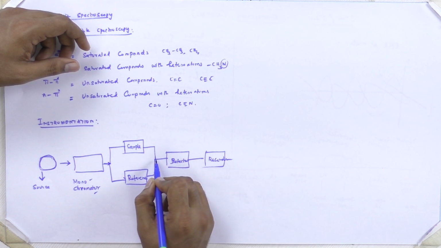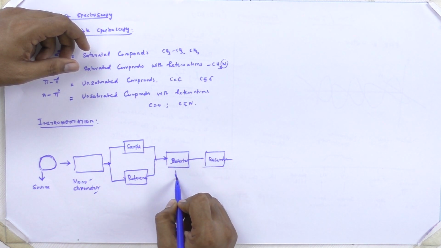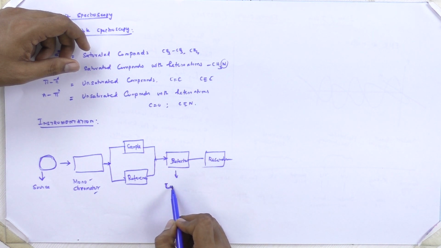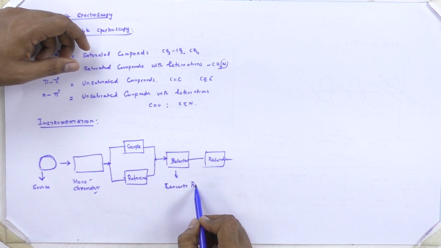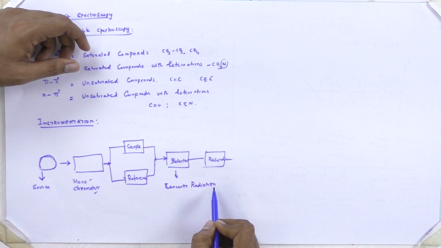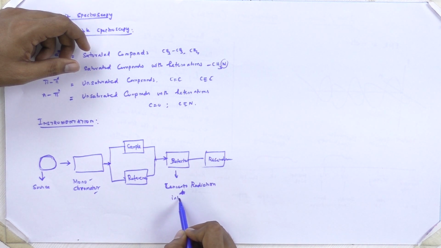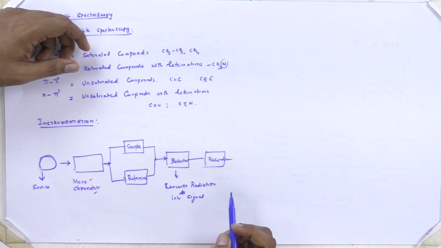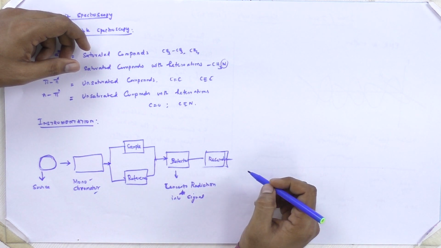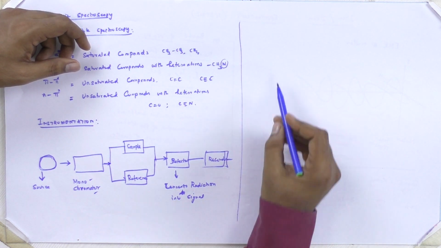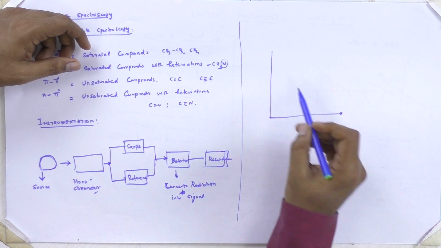Then the light passes into the detector, which converts the radiation into a signal. The final part is the recorder, and the output is in the form of peaks.